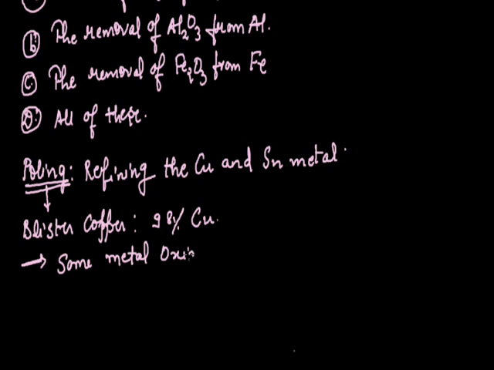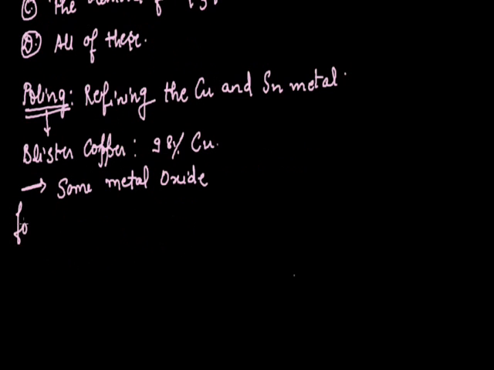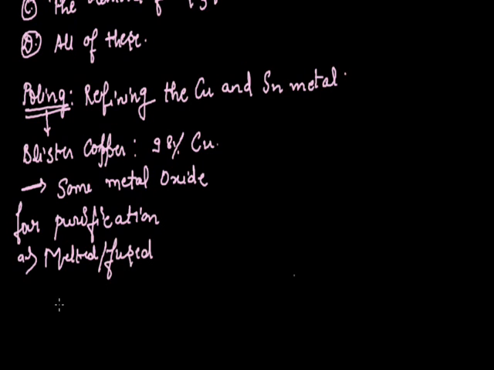Now to purify this copper, it is firstly melted or fused, then churned with green coal.